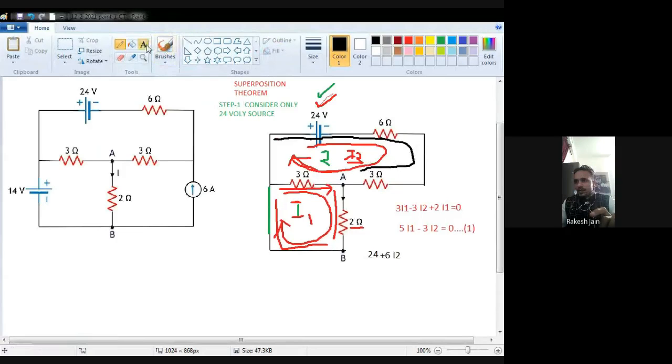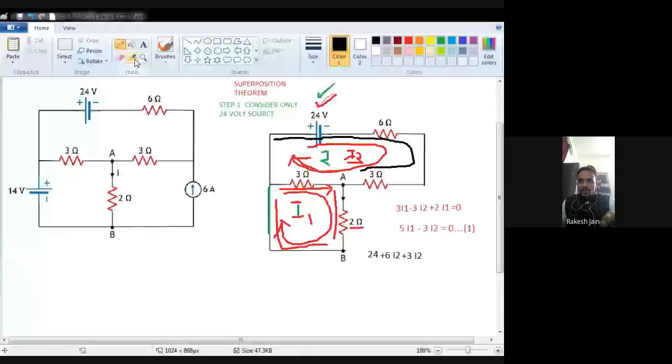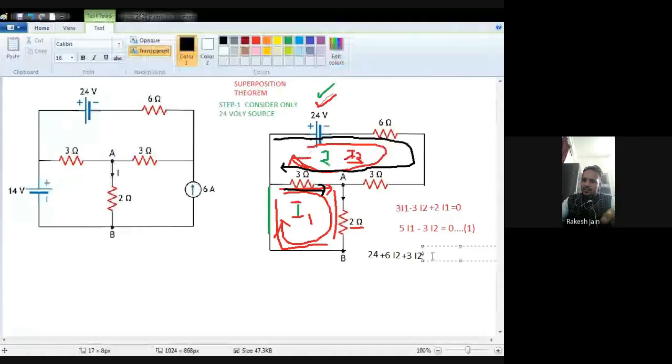It means both currents are opposite, but because I am writing the equation for the first mesh, the I1 current is positive and I consider this I2 current as negative. So 3I1 minus 3I2. You can also check it in mesh analysis videos, so you will understand what I want to say.